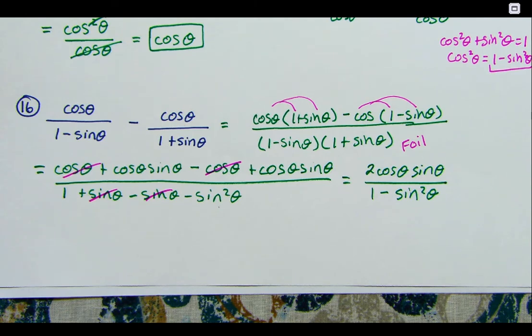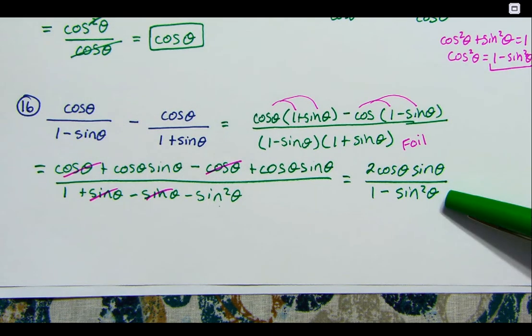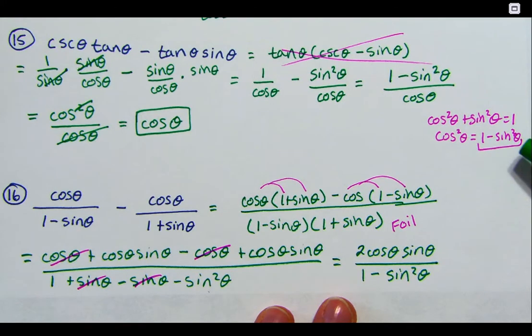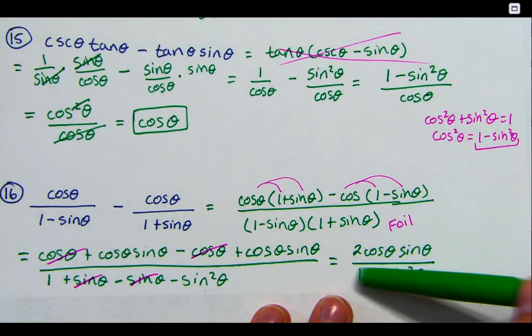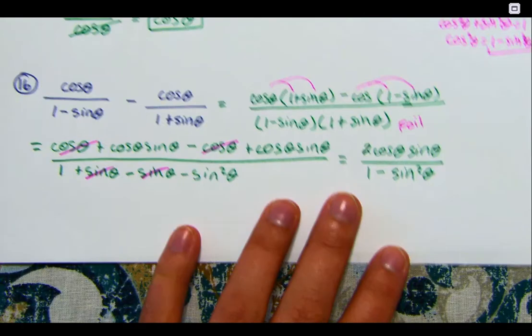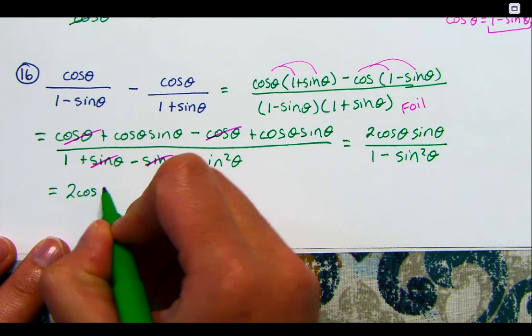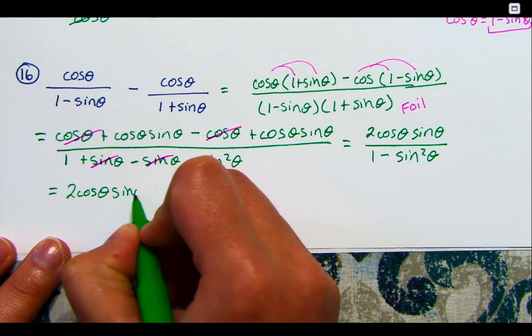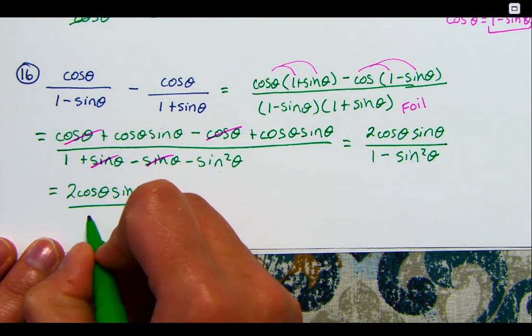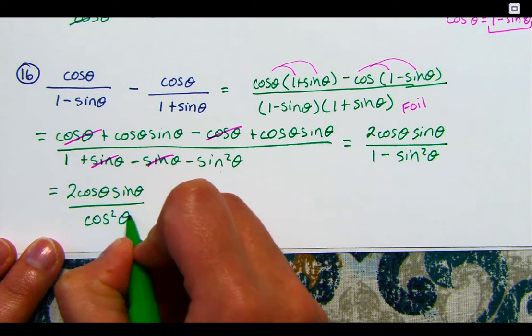Okay. So looking at this in my denominator, I should immediately be able to recognize that as a Pythagorean identity, one that's rearranged, so it's going to be this one. So I'm going to replace my denominator with cosine squared. So 2 cosine theta, sine theta on the top still, and then the denominator becomes cosine squared theta.